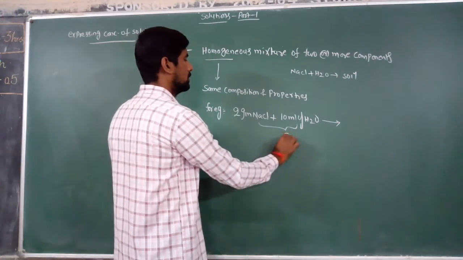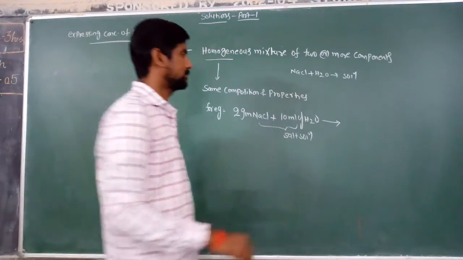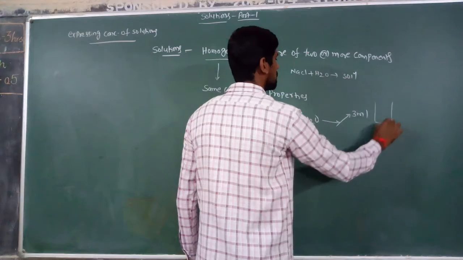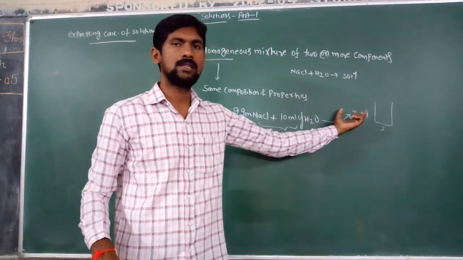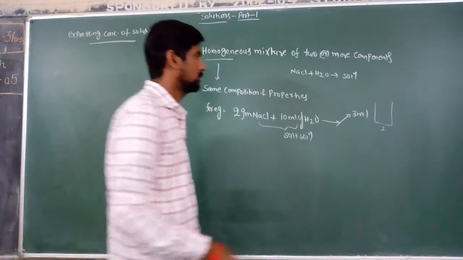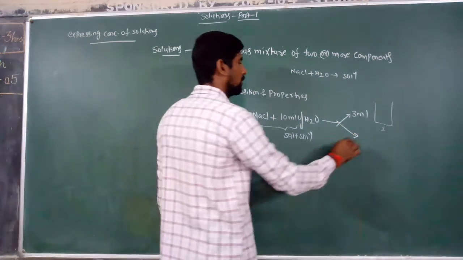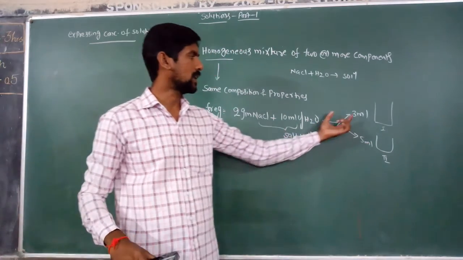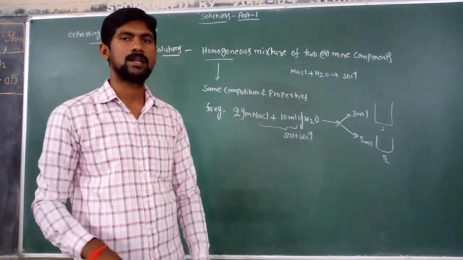From this salt solution, with the help of a measuring cylinder, you can transfer 3 ml into the first beaker, and from the same solution you can transfer 5 ml into another beaker.